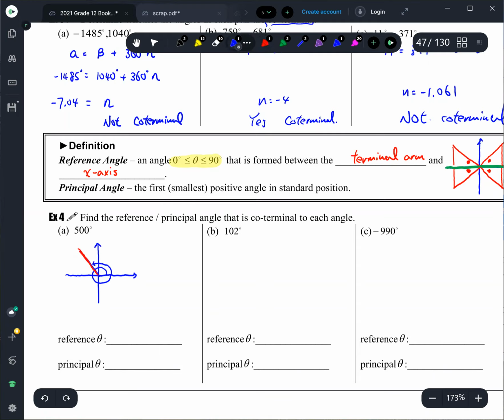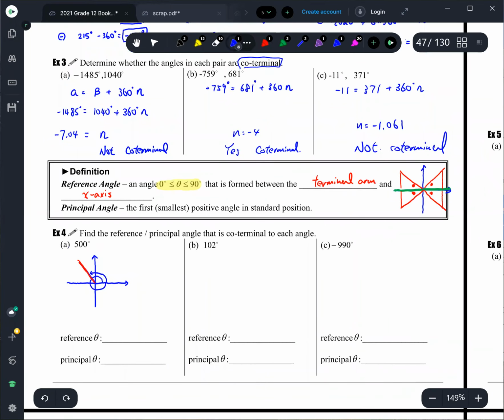Once you get there, you look at the picture. The reference angle, if it's in the second quadrant, should be this red dot. So you need to find how big that angle is. Please raise your hand once you found the reference angle.